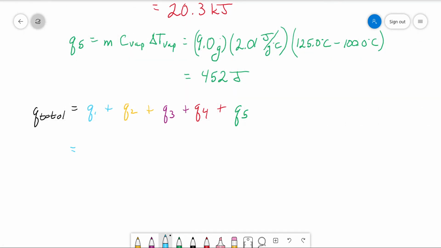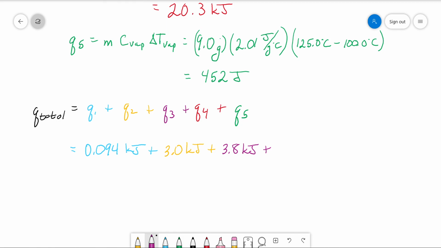What we end up with is 94 joules becomes 0.094 kilojoules, plus 3.0 kilojoules, plus 3766 joules, which to 2 sig figs becomes 3.8 kilojoules.